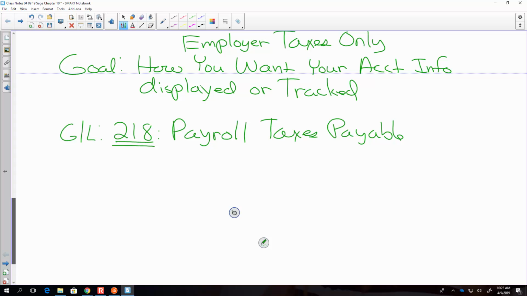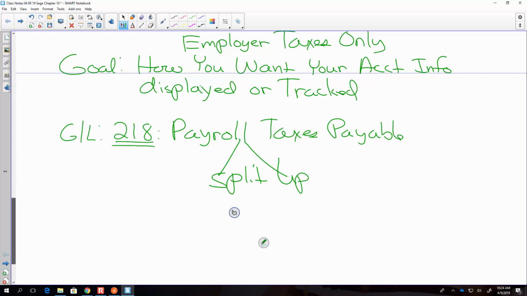So that's the credit side of the entry, right? I'm debiting 513, I'm crediting the payroll taxes payable. It's a liability account, look at the number 2, versus 5, it's an expense. So this account is going to be split up.